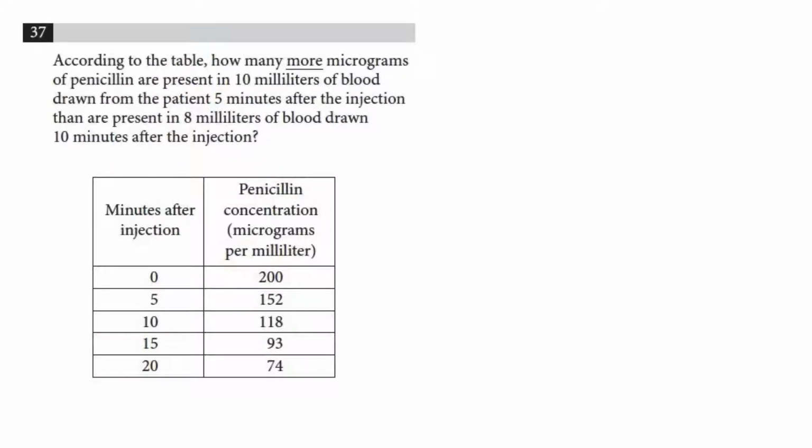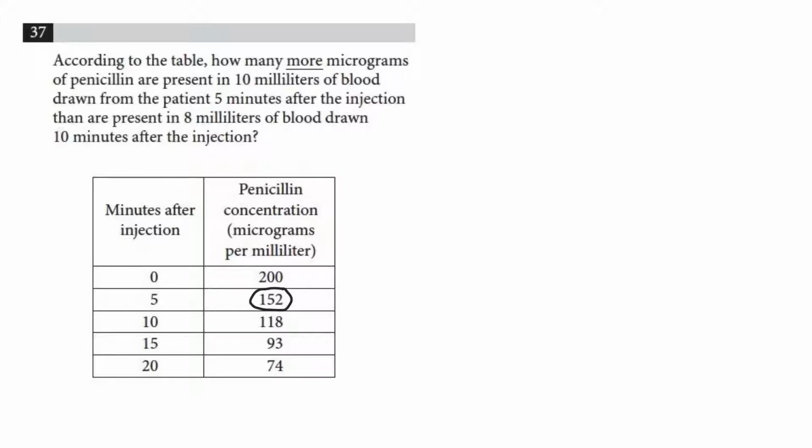Okay, 37. According to the table, how many more micrograms of penicillin are present in 10 milliliters of blood drawn from the patient 5 minutes after injection than are present in 8 milliliters of blood drawn 10 minutes after injection? Well, 5 minutes after injection, there are 152 micrograms per milliliter.